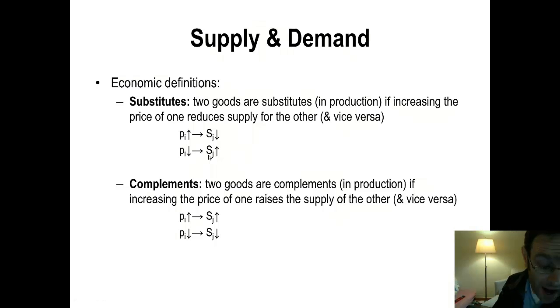And for complements in production, we can identify two goods as being complements to one another when the price increase of the one, I, leads to an increase in supply of the other. And a price decrease in one leads to a decrease in supply of the other.